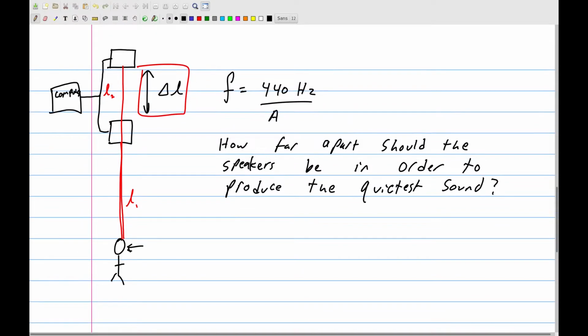Not a loud sound, but a quiet sound. The first thing you realize is that the quietest sound means we're looking for destructive interference. If we want destructive interference, we're going to use this formula: delta L has to be equal to (m plus a half) times lambda.